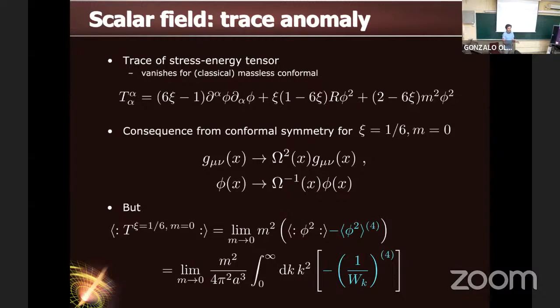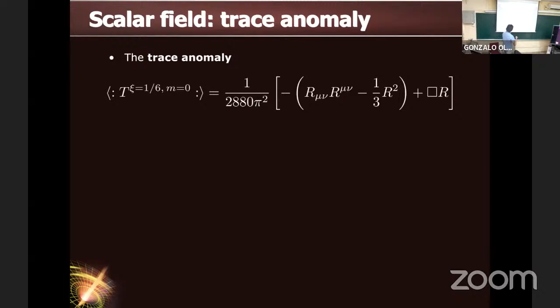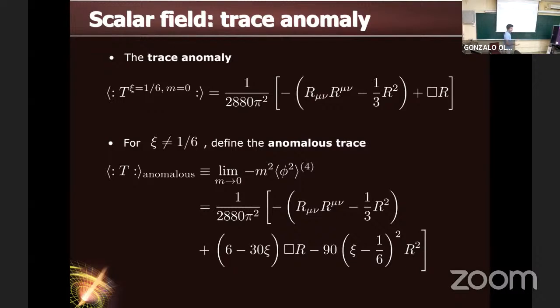But once you take the trace, that quantity is no longer divergent, but it gives a finite contribution to the trace. So all of this is just this, because this one doesn't contribute once you calculate. And once you put the expression for that, you get this, which is a completely covariant expression.